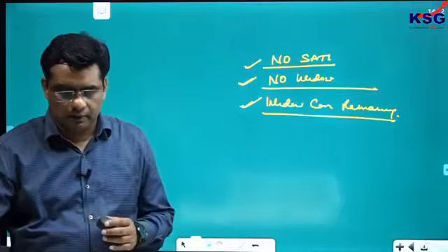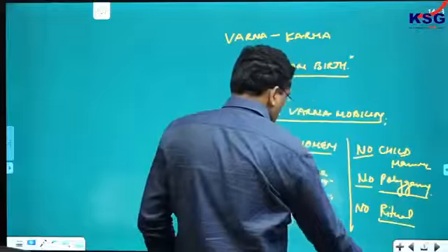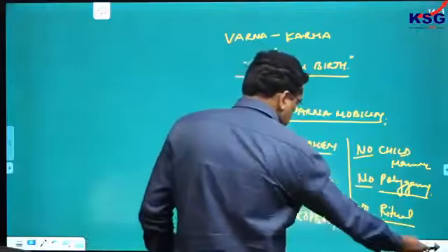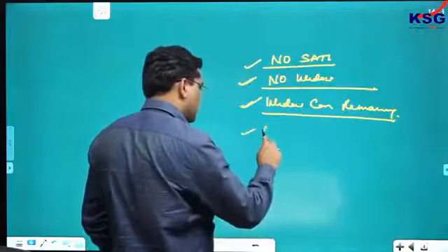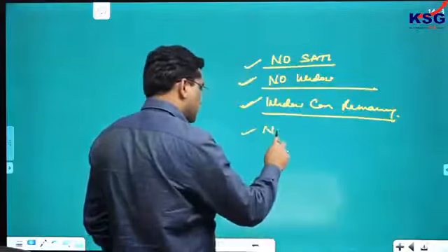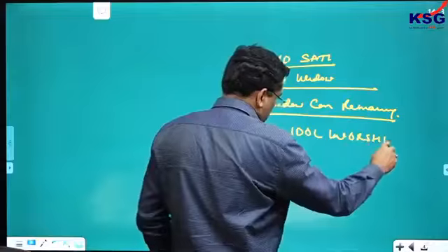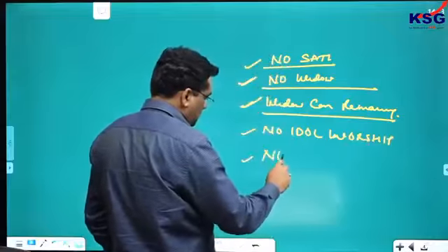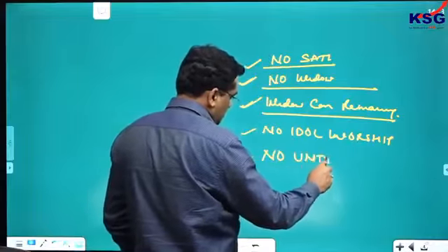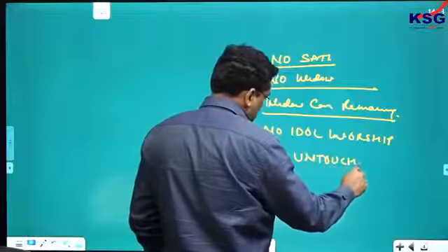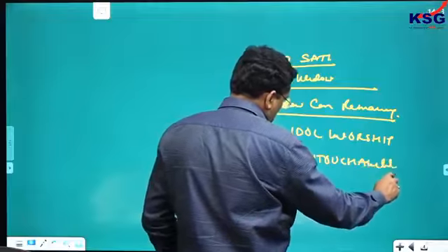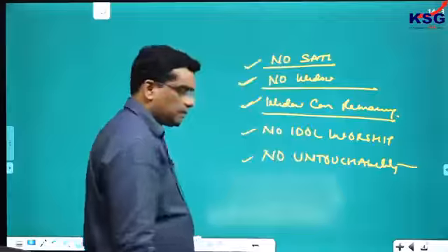So no child marriage, no polygamy, no rituals, no idol worship, no untouchability.